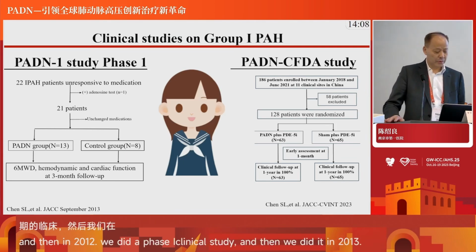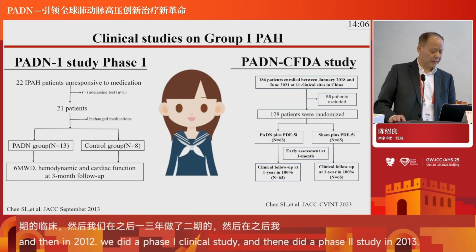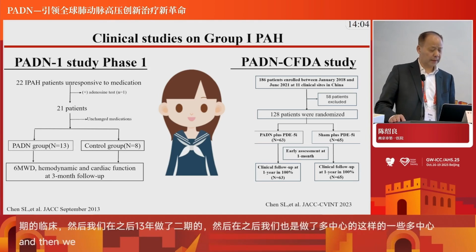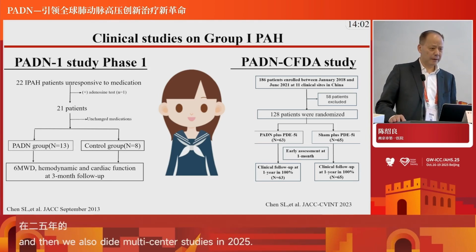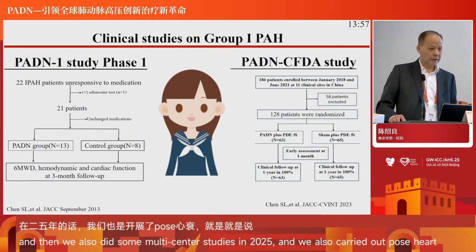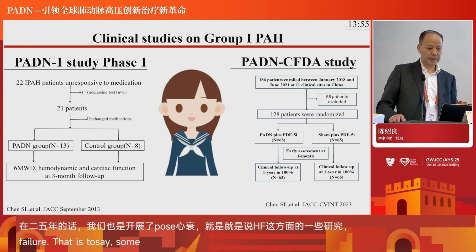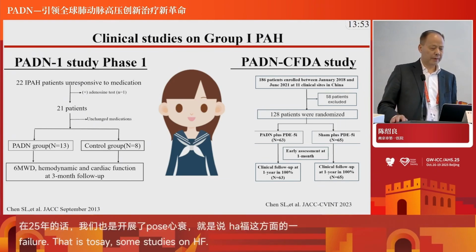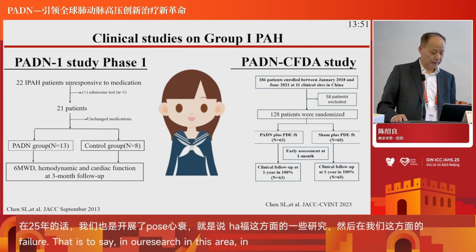Basically, back 10 years ago, this is a brief introduction of the study flowchart for the PADN-1 phase 1 clinical trial. We only included 21 patients with idiopathic pulmonary arterial hypertension who were refractory to specific medications.